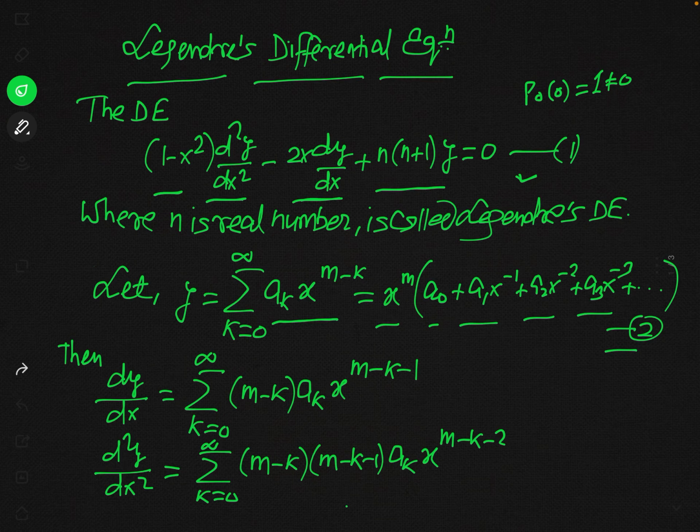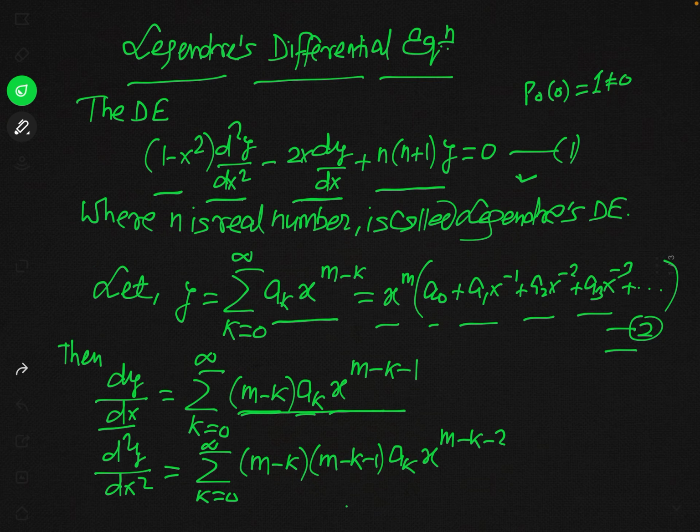For this, we will differentiate this equation 2 with respect to x. If y is equal to summation k from 0 to infinity ak x to the power m minus k, then dy by dx will be summation over k from 0 to infinity (m minus k) ak x to the power m minus k minus 1.